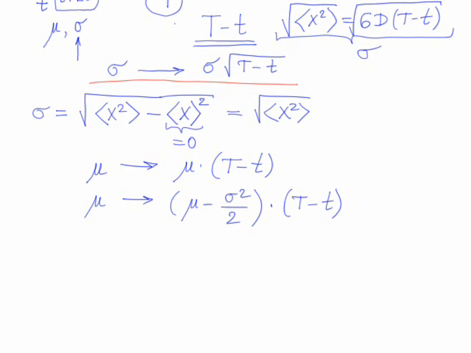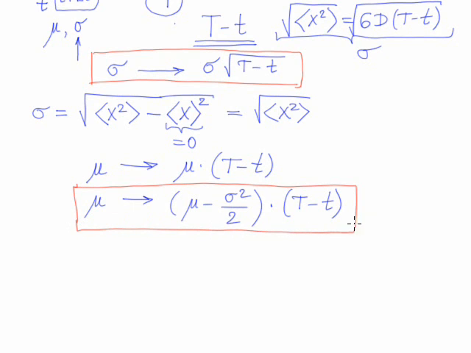So what we see here is that the volatility of the stock, or standard deviation, actually suppresses the rate of return on the stock, and this can be easily understood by the following argument.